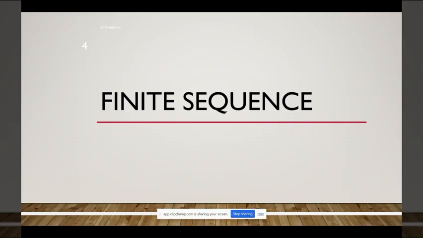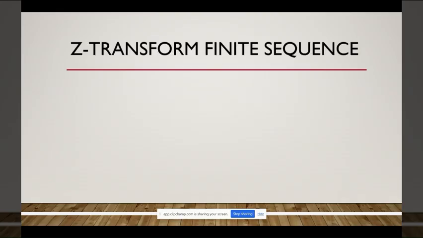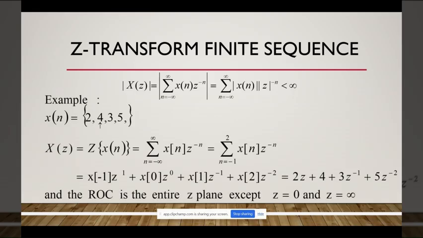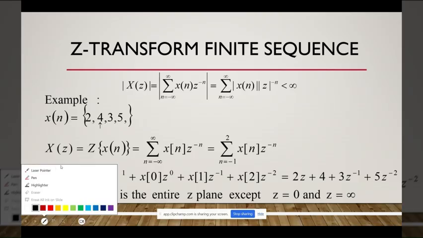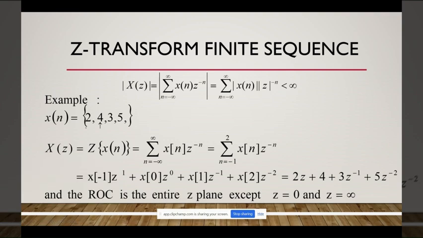So coming on to the finite sequence and how Z transform is used for finite sequence, we can see an example. Though this is the general formula where n is from minus infinity to plus infinity, coming on to an example of a finite sequence, here the n value is minus 1.